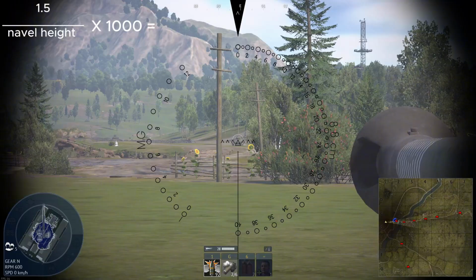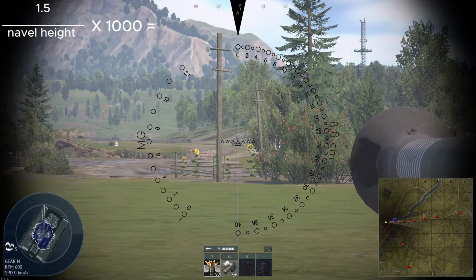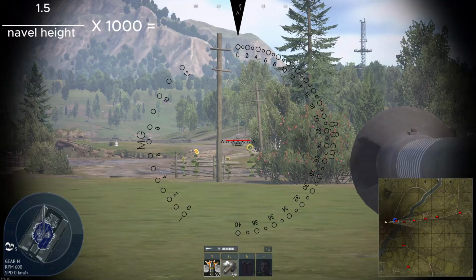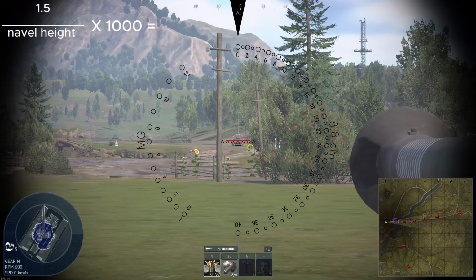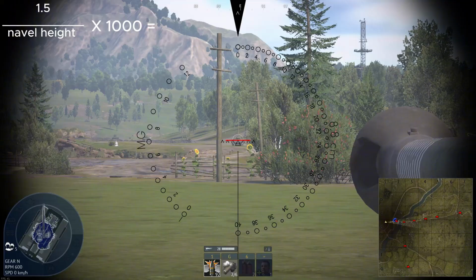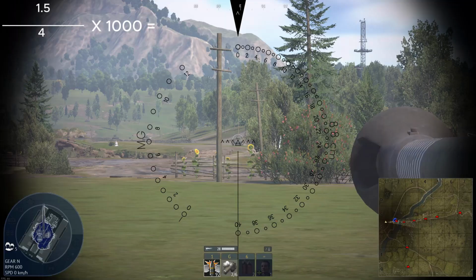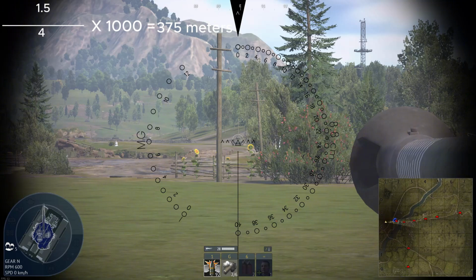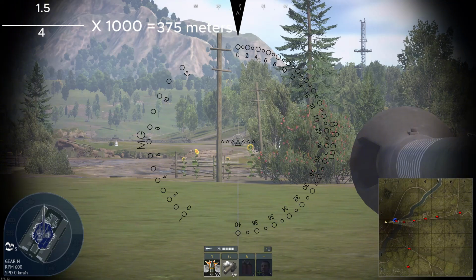The naval height is determined by measuring how tall the center of your opponent is. For example, this vehicle's naval height is 4 units, meaning that the naval height will be 4. So, we then put that into our equation. Our final equation is 1.5 divided by 4 times 1000, which equals 375 meters.